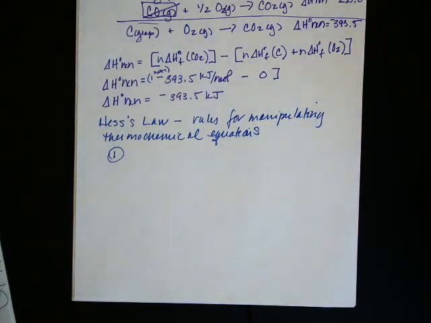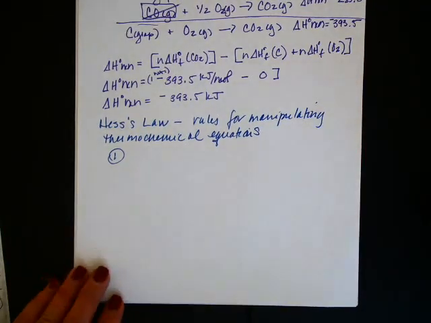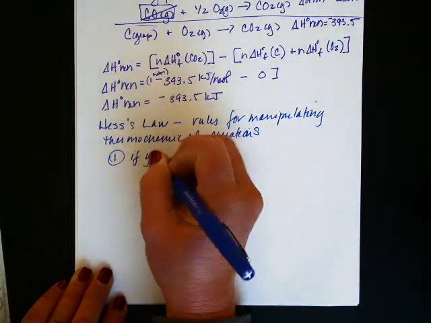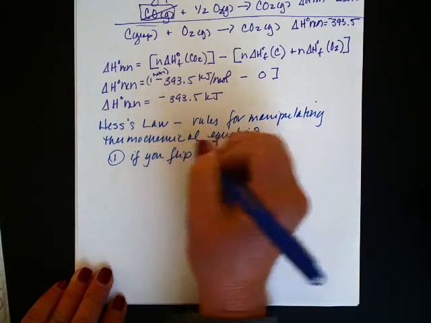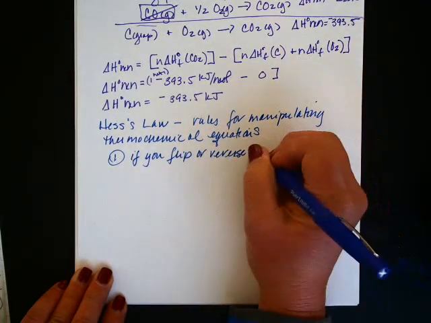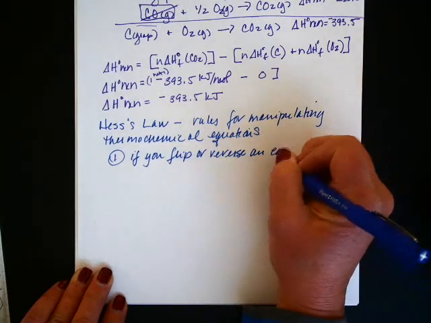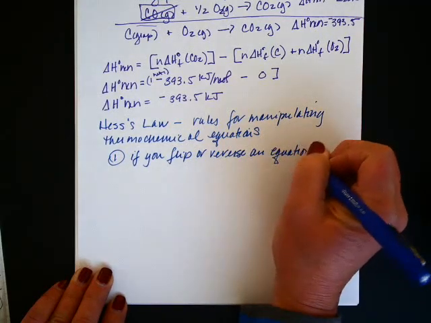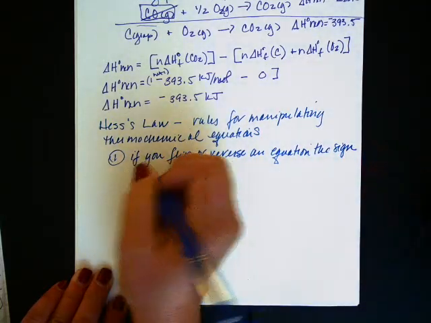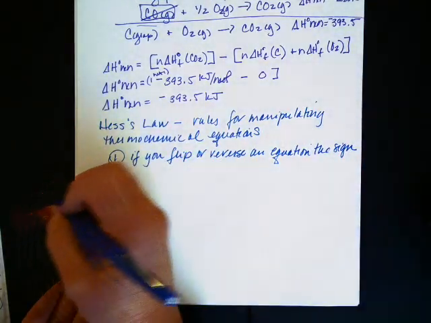If you have to flip an equation, you must reverse the sign. So if you flip or reverse, same thing, an equation, the sign of delta H is also flipped or changed or reversed.